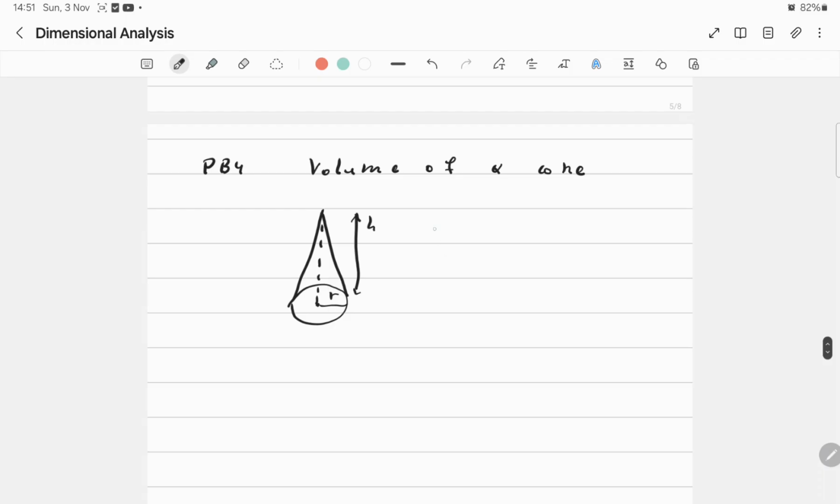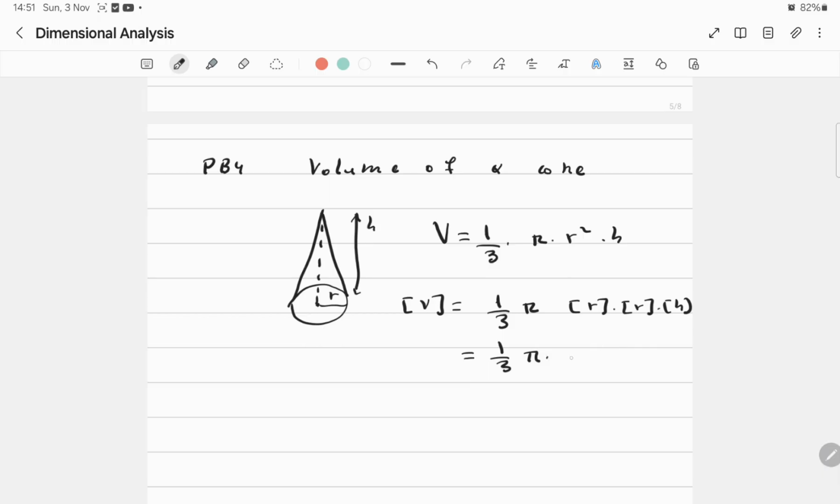Okay, the volume of a cone is a third times pi times r squared times h. Let's check the dimensions. Of course, this is just a constant. We have r times h in brackets, a third times pi.